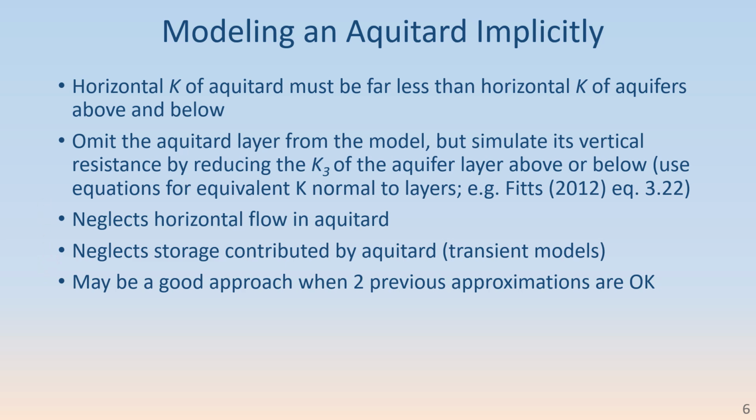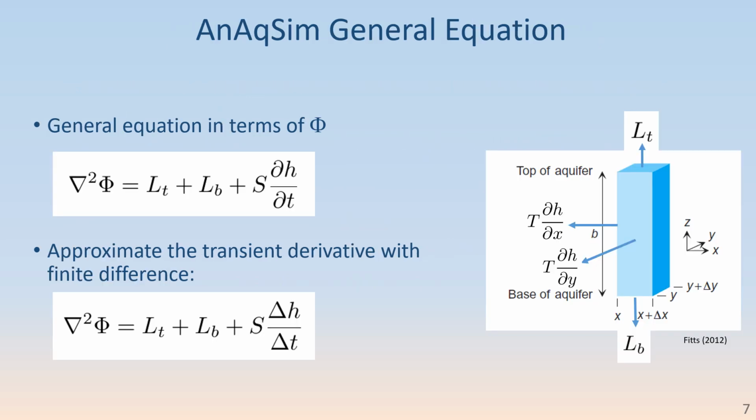Let's review the general flow equation in terms of phi, our aquifer discharge potential, and see what impact having a multi-layer and/or transient model has. Our general equation is this first one, where the Laplacian, which is the sum of the second derivatives in the x and y directions of our discharge potential, equals these 3 distributed source sink terms on the right.